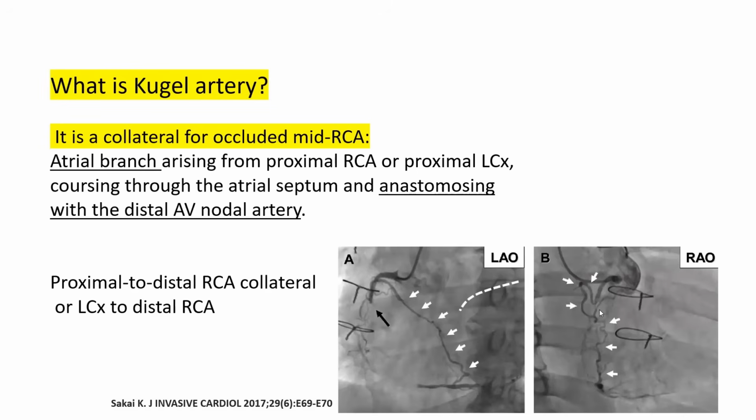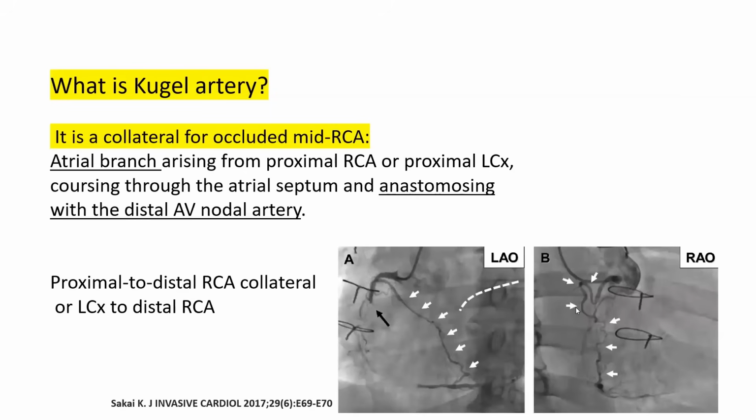For interventional fellows, this comes on board every other year. Kugel artery, the classic scenario is that you have an occluded mid-RCA and you get an atrial branch. This is an aerial view; this is atrial, on this side of the AV groove, the posterior side of the AV groove. This is an atrial branch.